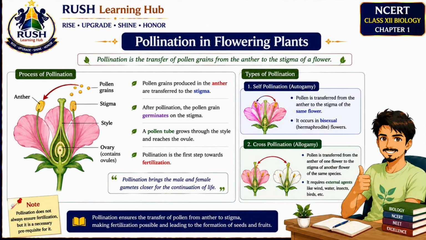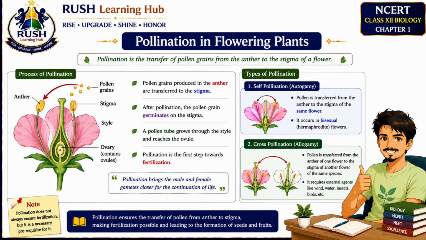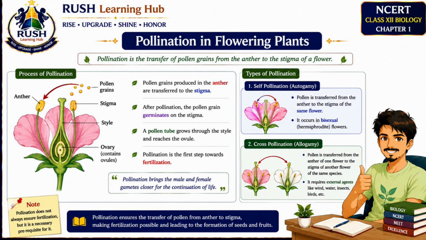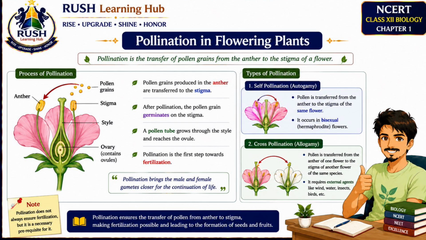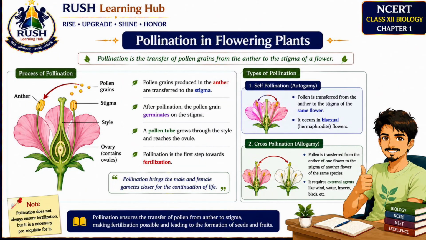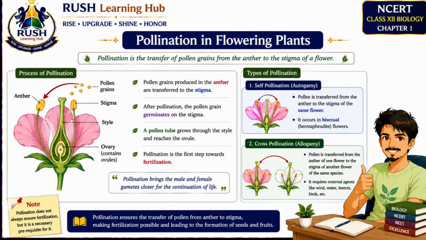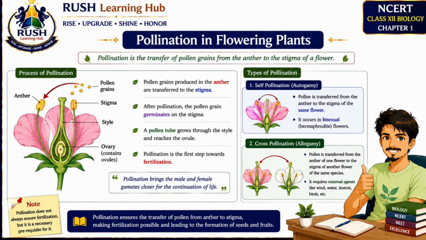Based on the source of pollen grains, pollination is of three types. Autogamy is the transfer of pollen grains from the anther to the stigma of the same flower. Geitonogamy occurs when pollen is transferred between different flowers of the same plant. Xenogamy is the transfer of pollen grains from the flower of one plant to the stigma of a flower of another plant of the same species.